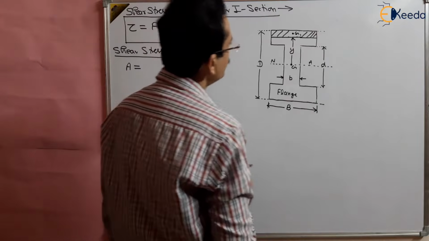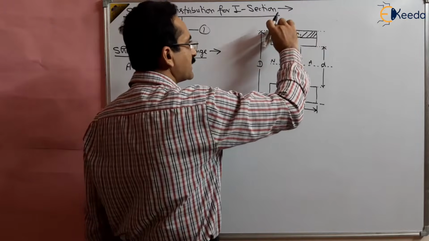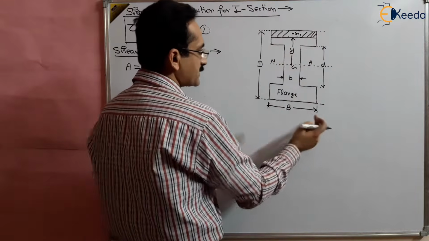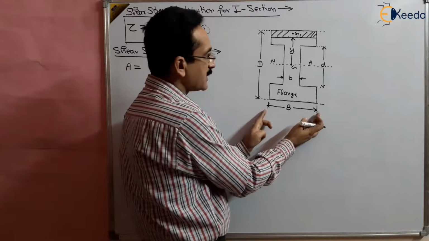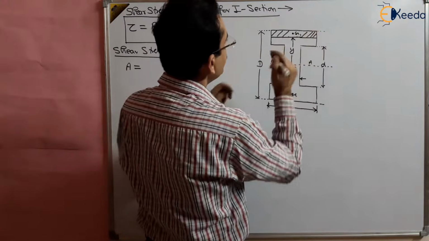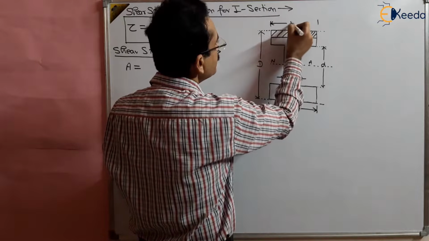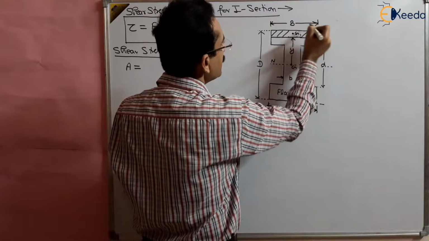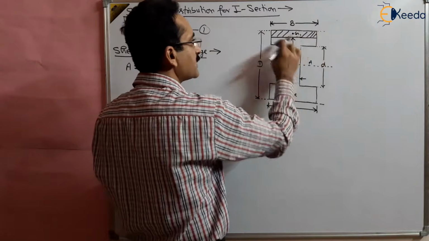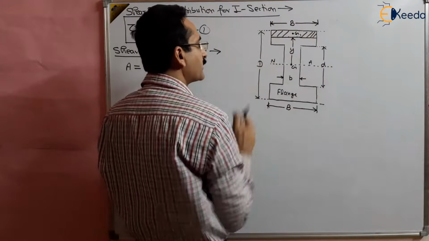The area of the strip in the flange will be the thickness multiplied by the width, and the width is capital B. The width of the flange is capital B, known to us, and for the entire flange it is uniform. Flange is the upper part.